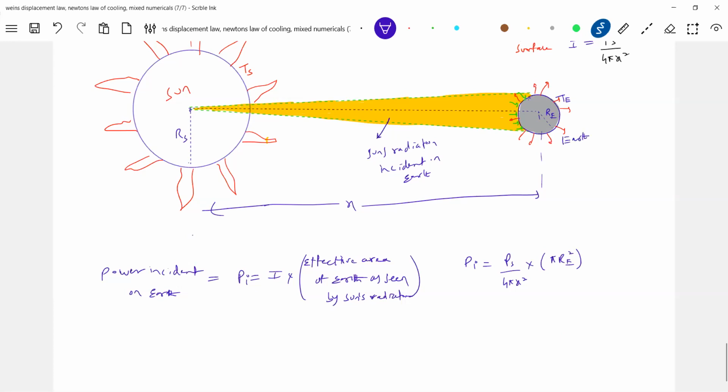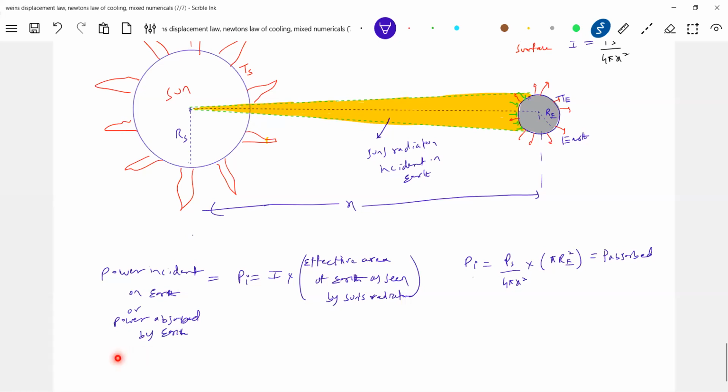What will happen is that the earth will also radiate, no? This is the incident power. The power emitted by it or the power absorbed, shall I put it here? This is the power absorbed. What is the power emitted by the sun? Power incident on earth or power absorbed by earth?